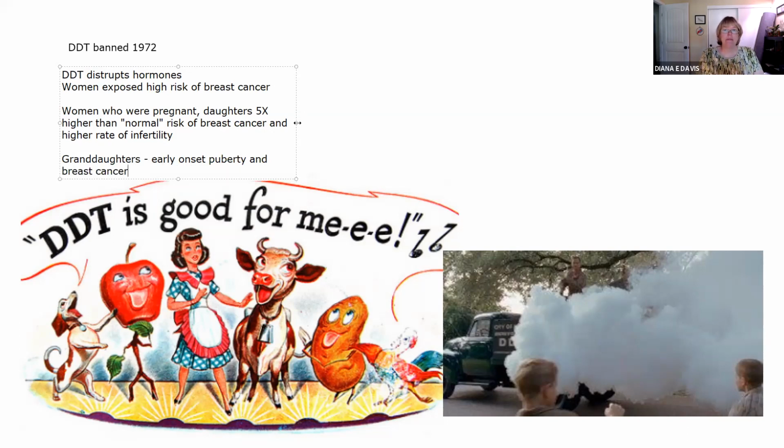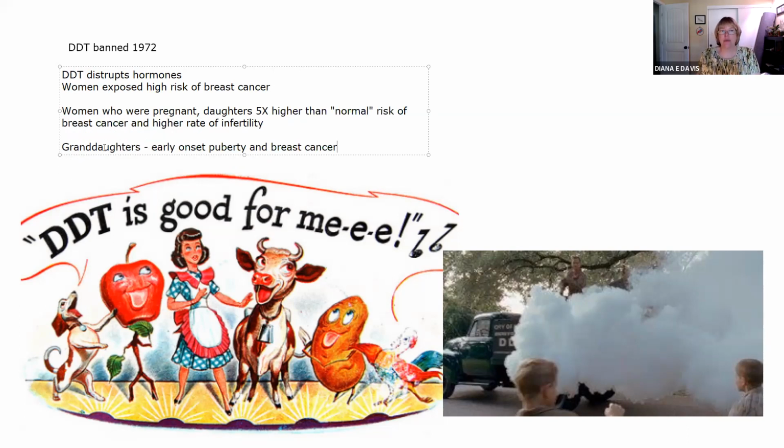So when I say granddaughters, it has to go from mother to daughter to granddaughter. Their sons probably have higher risk of breast cancer, but we don't really track that. And breast cancer in men is a lot rarer than in women. But certainly the granddaughters are showing signs of this.